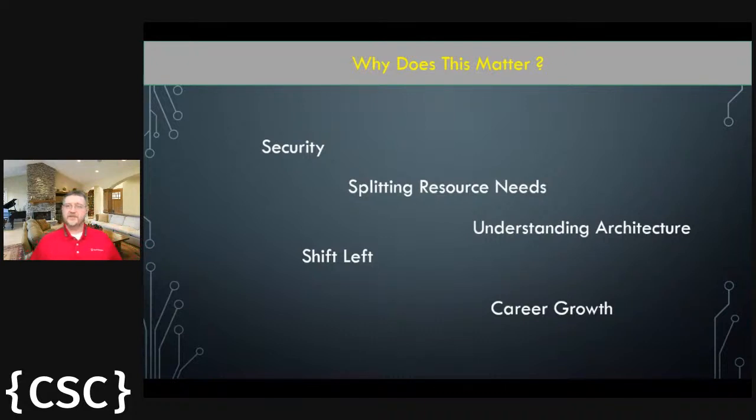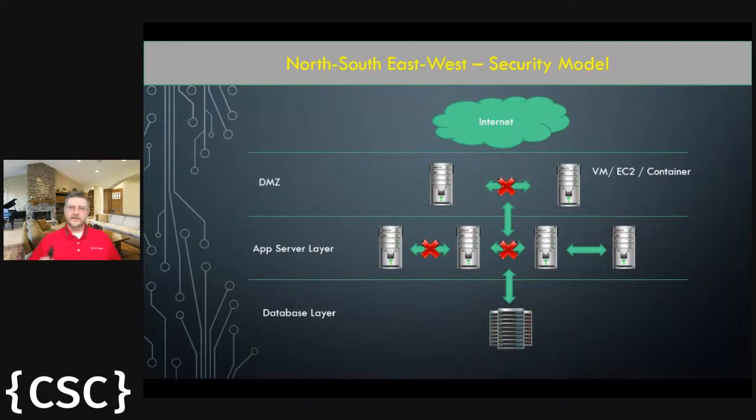So speaking of security, and we're talking about those subnets earlier, well, this is what's called a north, south, east, west security model, where I have got the internet coming with somebody who's making a request into my application that's hosted inside a cloud. And maybe I've got several virtual machines set up. Maybe there are other cloud native solutions, but we'll stick with this for right now just so I can get the concept conveyed.